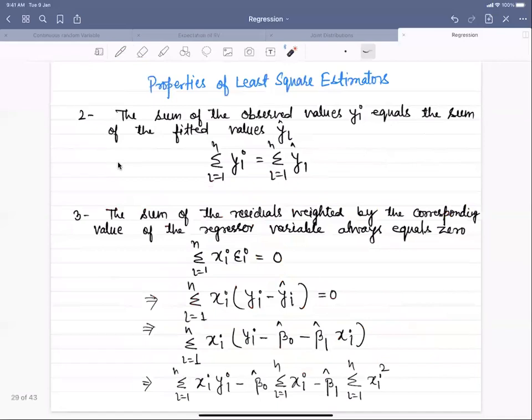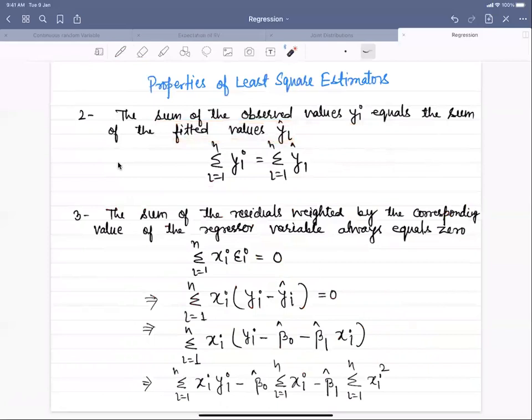The second property is that the sum of the observed values yi equals the sum of the fitted values yi cap. So yi cap are the fitted values.